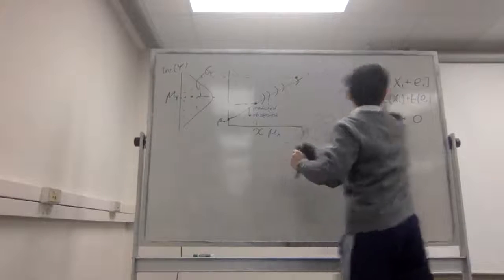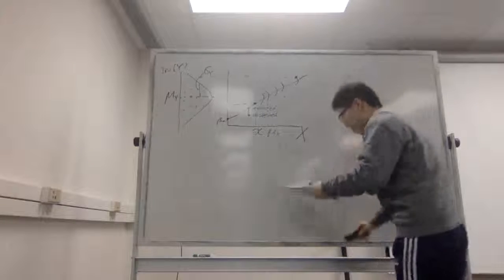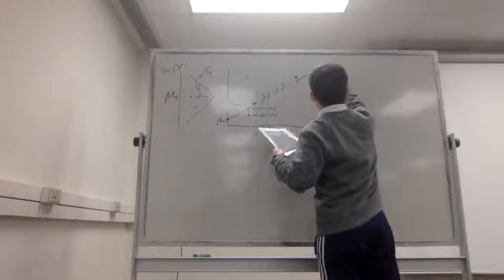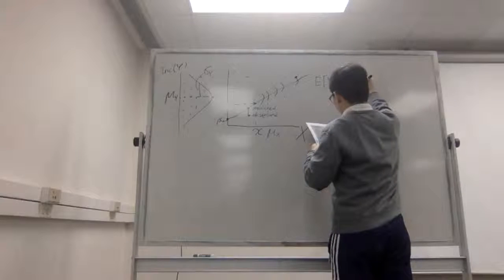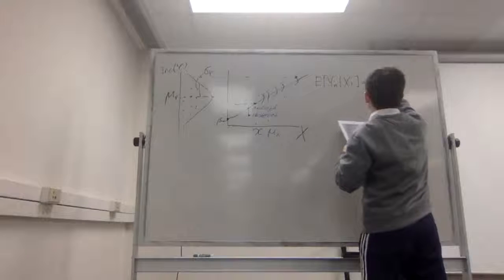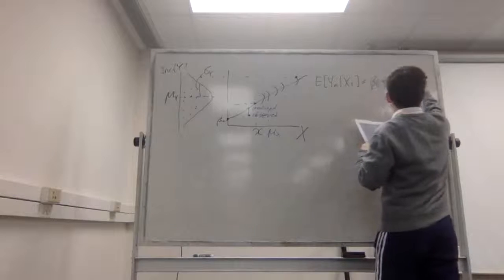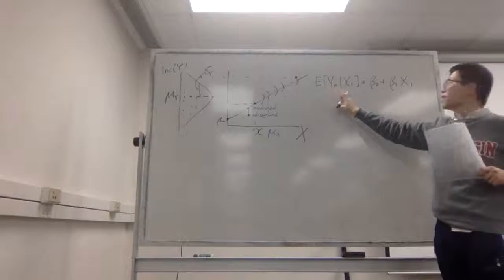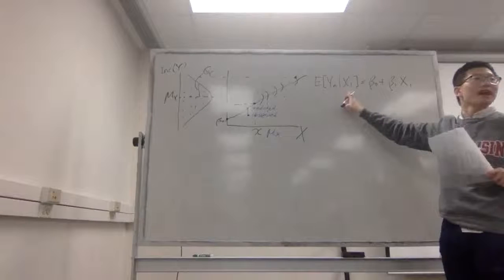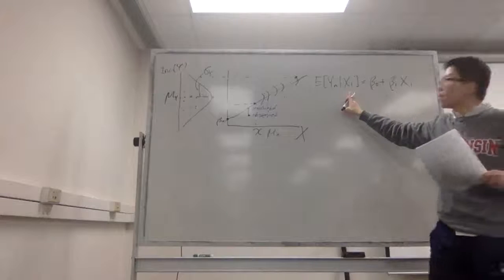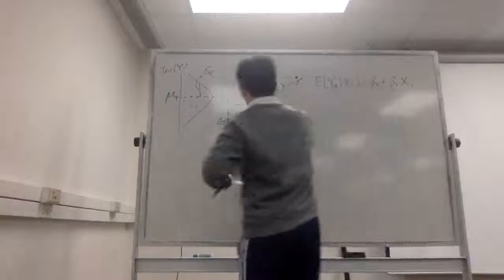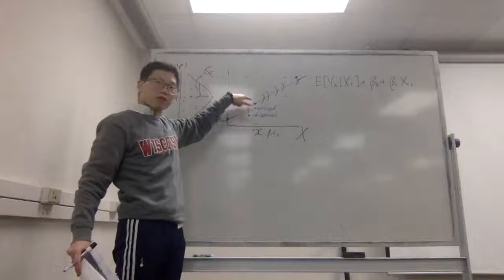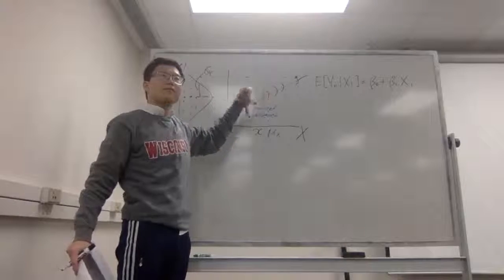And let's look at the conditional predicted value. This is the predicted value of yi given x is xi. So it would be the predicted value on the regression line, right?